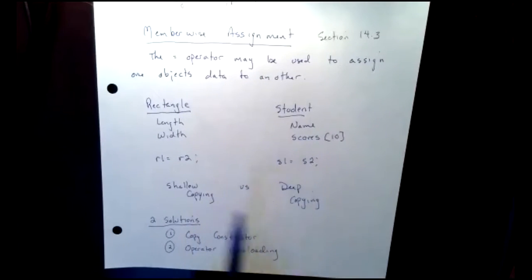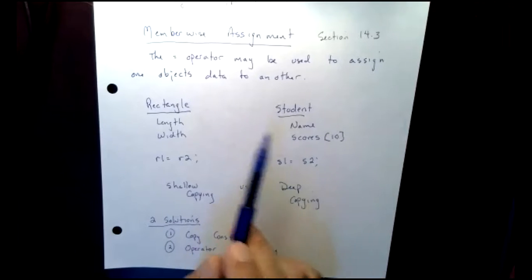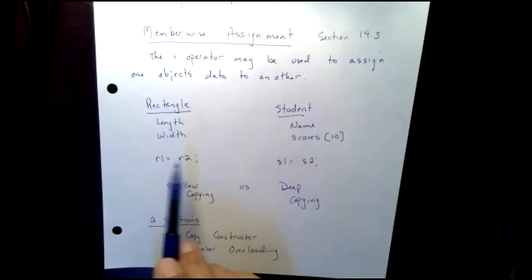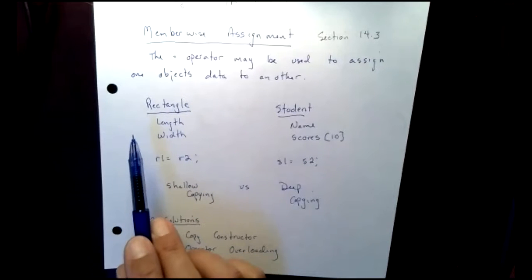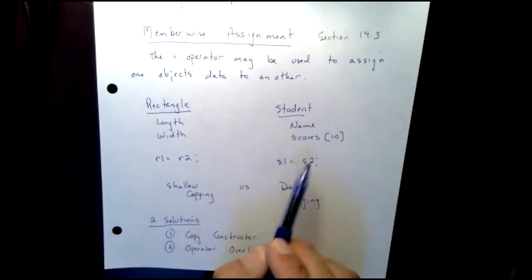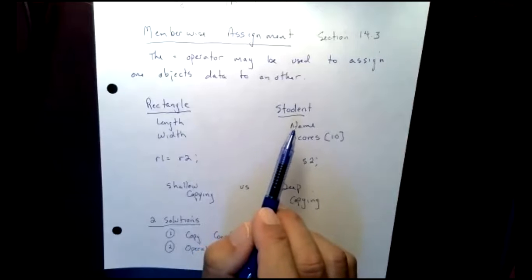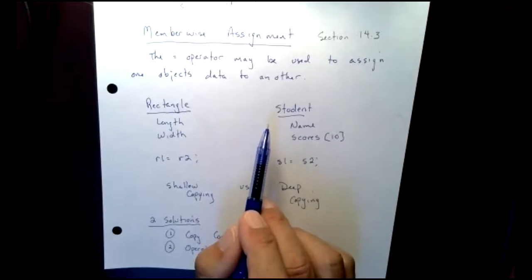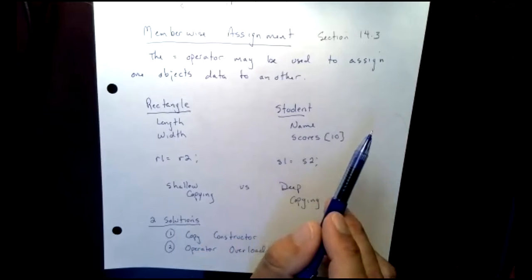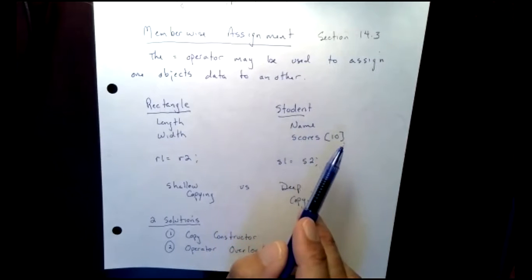It was just conversation, started to get to that extra for experts. But I need a way not to just do R1 equals R2 and the length copies its value over, the width copies its value over, but I need to be prepared to handle things like, I don't want the address of name copied. I want to copy the whole string and I want to copy the whole scores.